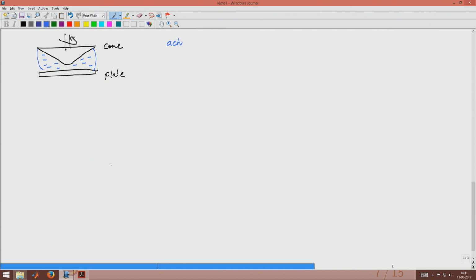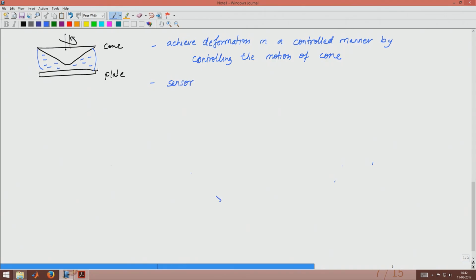And the idea of the cone and plate device is to achieve deformation in a controlled manner by controlling the motion of the cone, and then we have sensors which can measure the forces which are generated in the material, that is, a sensor to measure the state of stress in the material.